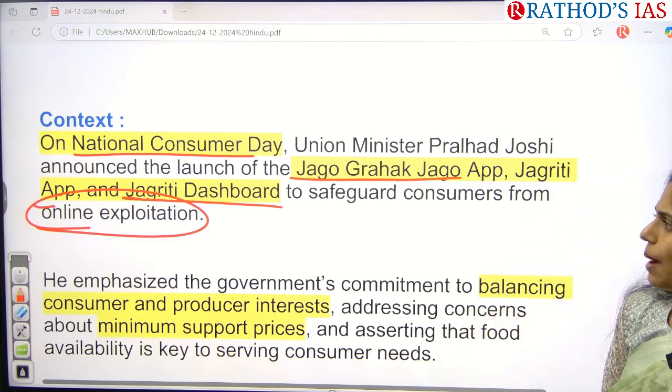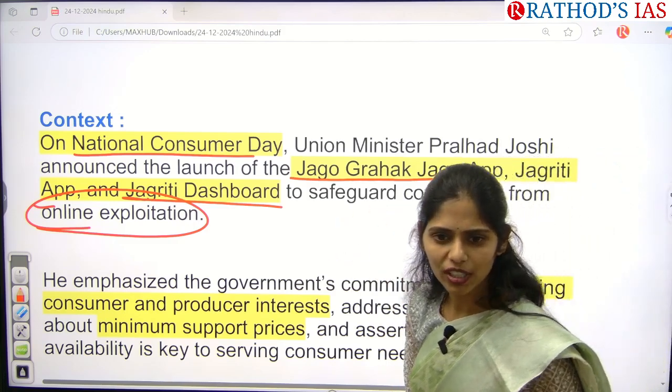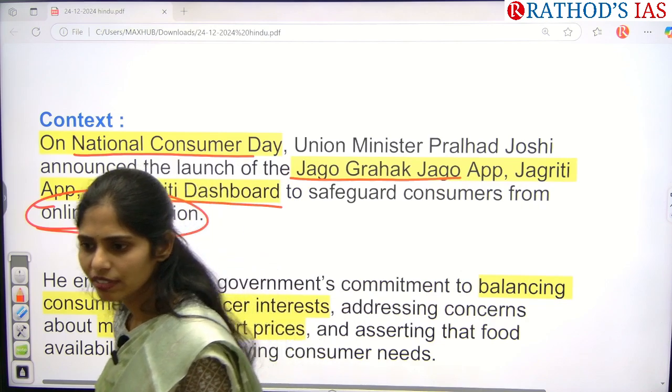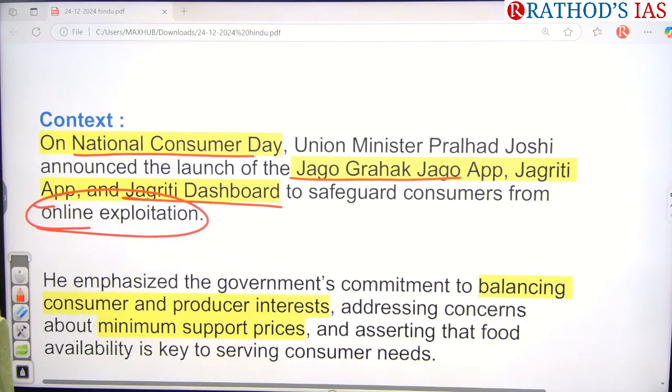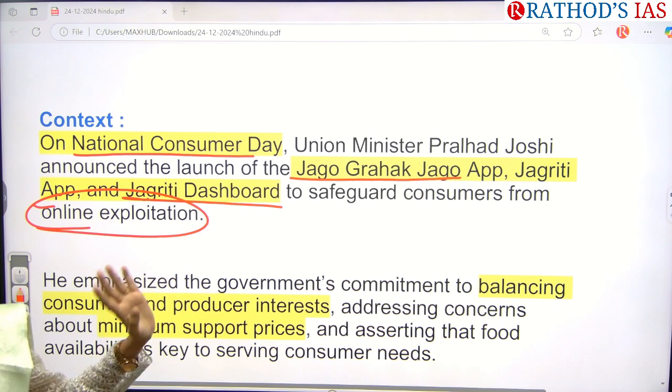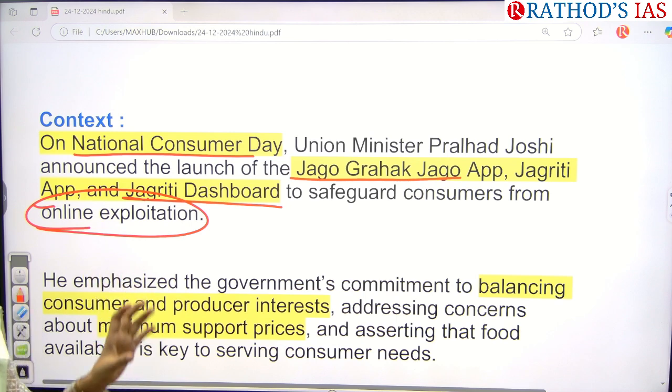In which apps can these food products be sold? We have Amazon, Flipkart, and recently Zepto, Swiggy, Zomato. In these areas, obviously, sometimes online exploitation will happen. So to safeguard consumers, the government launched these 3 ICT technologies.